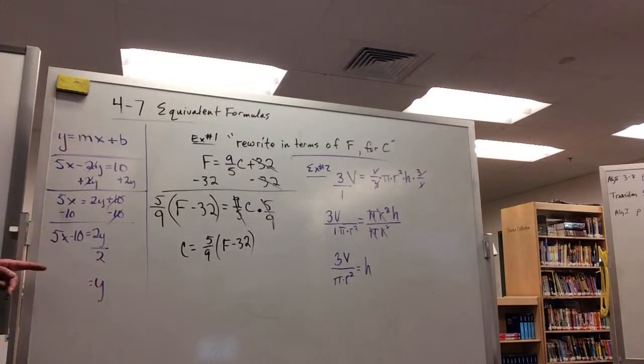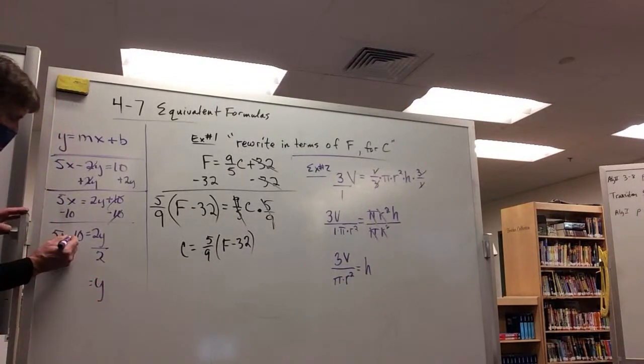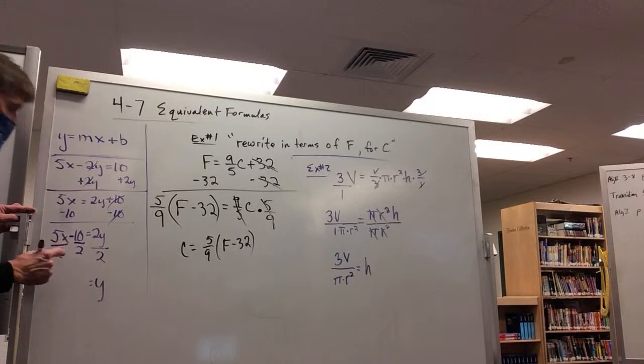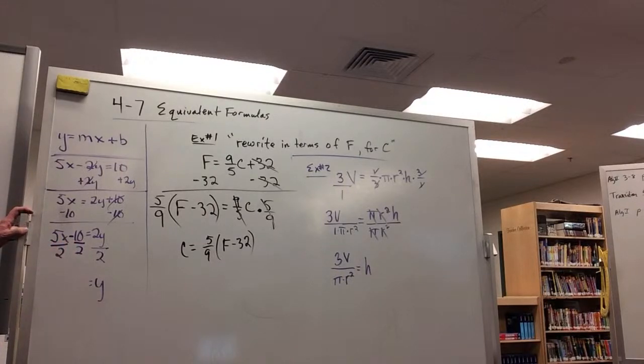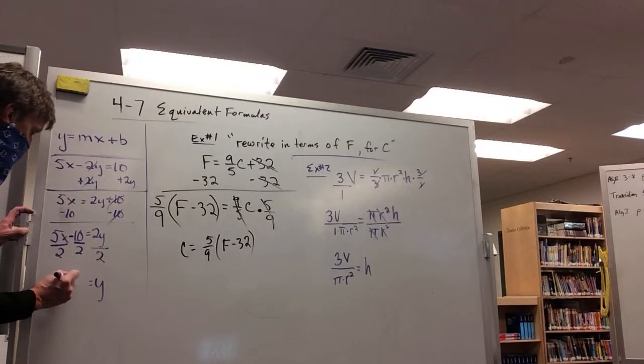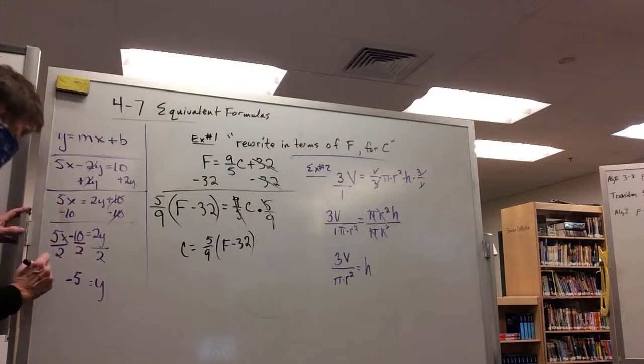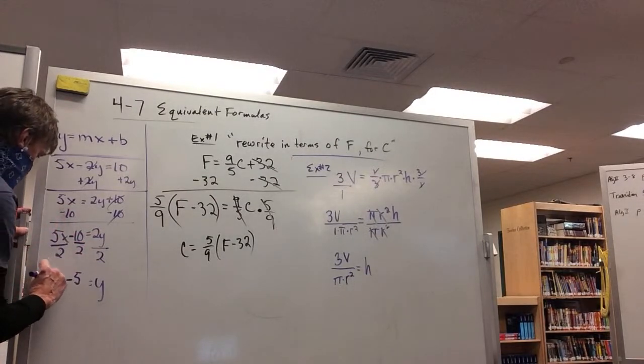But then everything else has to be divided by 2. So this is the trick here. Every term will be divided by 2. And terms, remember, are separated by addition and subtraction. So 10 divided by 2 equals 5. And then 5 divided by 2 is just 2.5. And since you're going into a graphing calculator, yeah, this time you're going to need 2.5x.